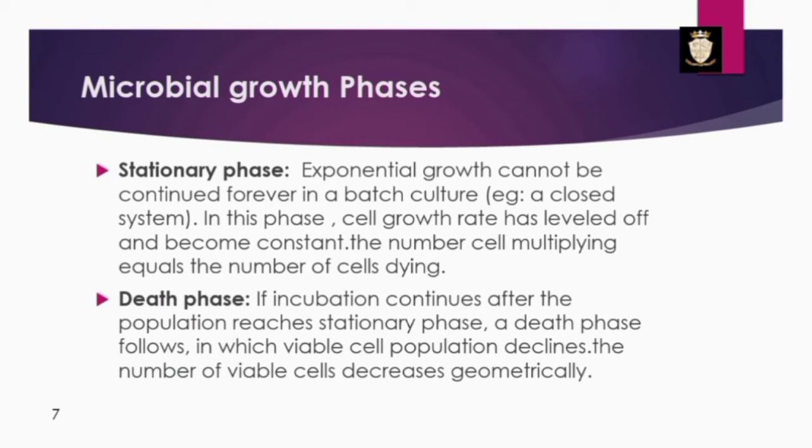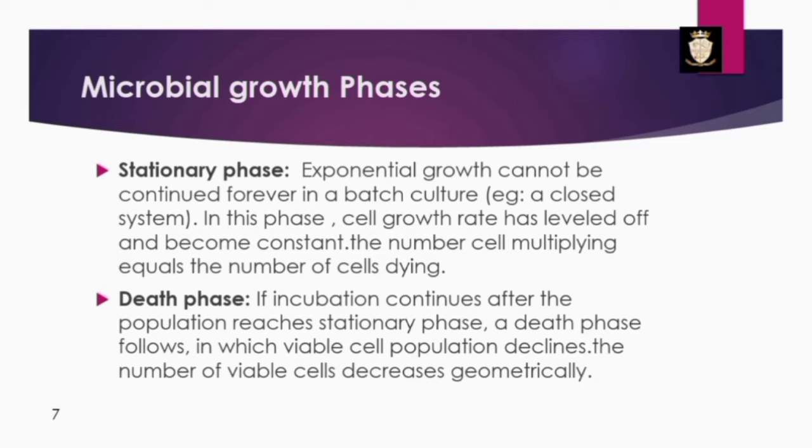So the third phase is stationary phase. Exponential growth cannot be continued forever in a batch culture, that is a closed system. In this phase, the cell growth rate has leveled off and become constant. The number of cells multiplying equals the number of cells dying. And the fourth phase is death phase.